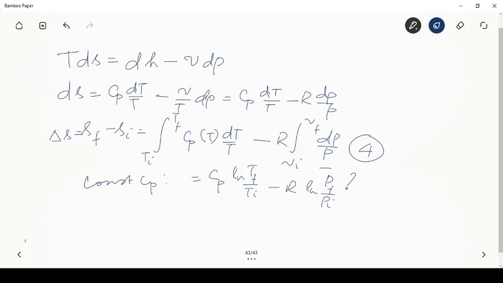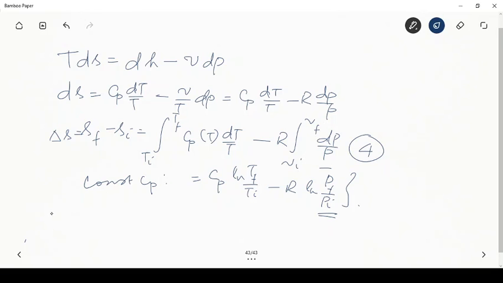This is an expression that we get for constant Cp. So you see that the entropy change depends on pressure ratio or temperature ratio. It depends on the pressure of the gas, whereas the internal energy and enthalpy changes depend only on temperature.